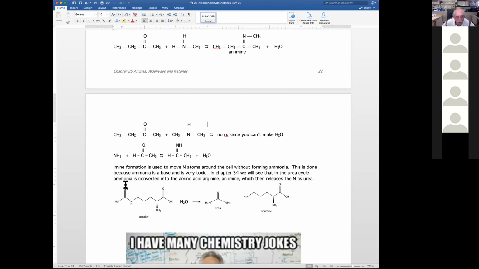So this is how the ammonia is held using the amino acid arginine. Then when it gets hydrolyzed, in other words, going back the opposite direction, you give off, in this case, urea. So here's where urea comes from, okay? And then you get ornithine, which is another amino acid, but you only find that in the urea cycle.